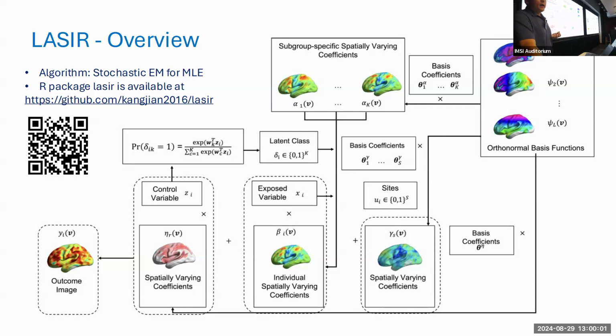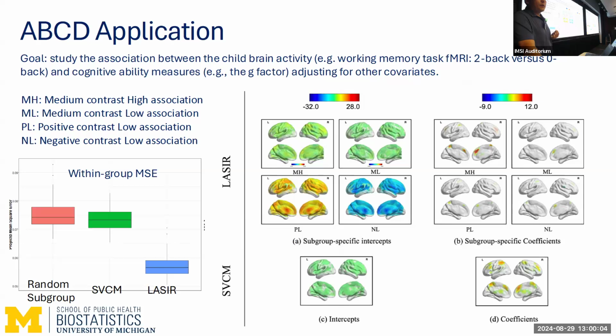I will skip the details, but when we carried out the analysis on the ABCD study, we found 4 distinct groups.